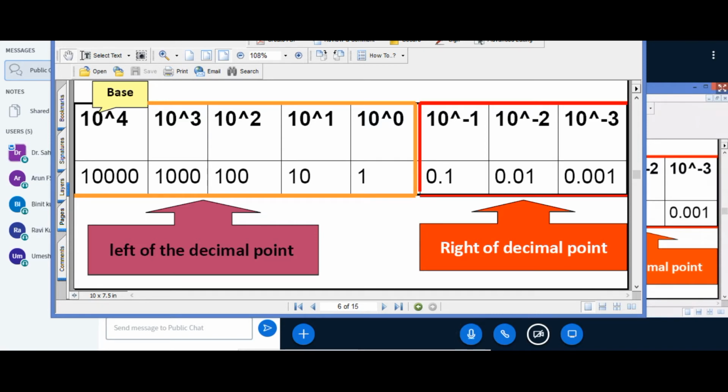If you consider a point, like 10.5, this is the number, and this is the left decimal point and the right decimal point. So the left side has positive powers, and the right side is 0.1, 0.01, 0.001, like that.